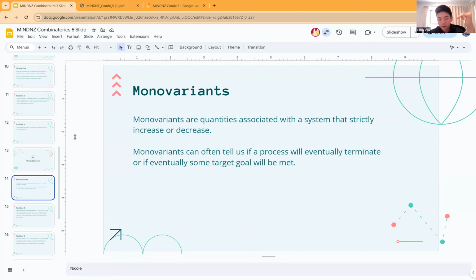So they either strictly go up or strictly go down. And that's useful because if something strictly decreases with every move, but it must stay positive, then you know that eventually you can't make any more moves, because you can't have it go down while also remaining positive forever.